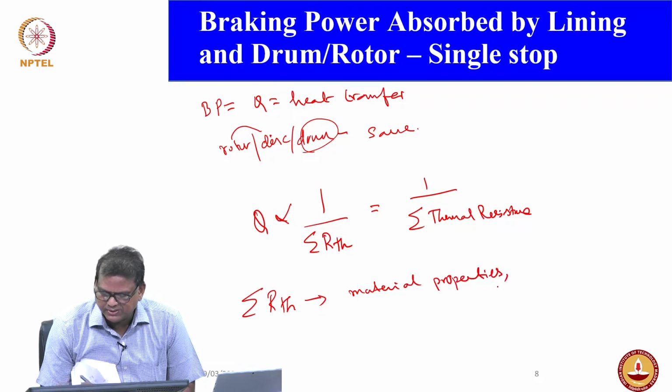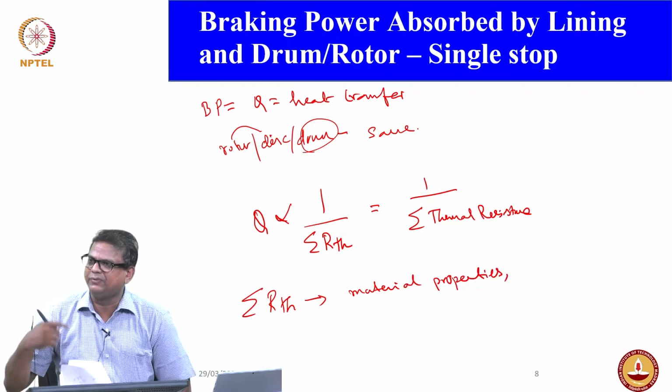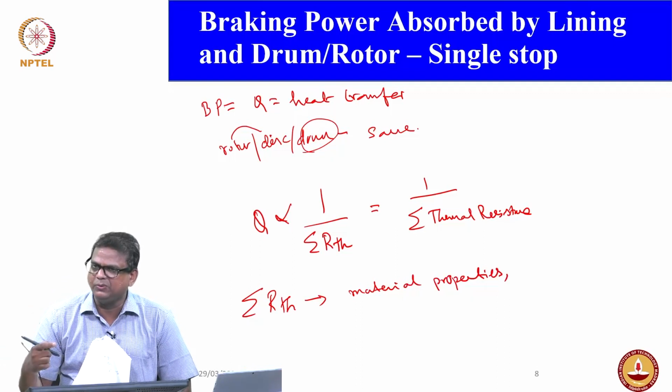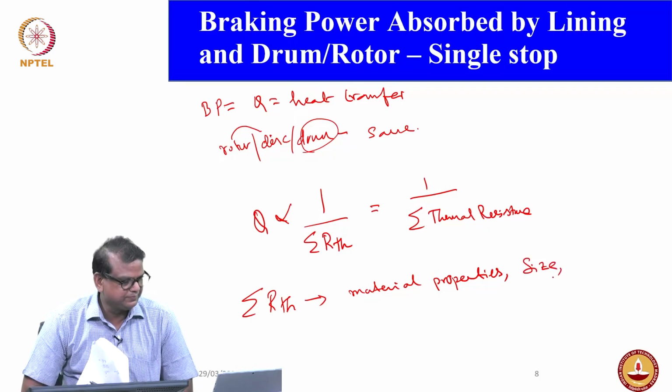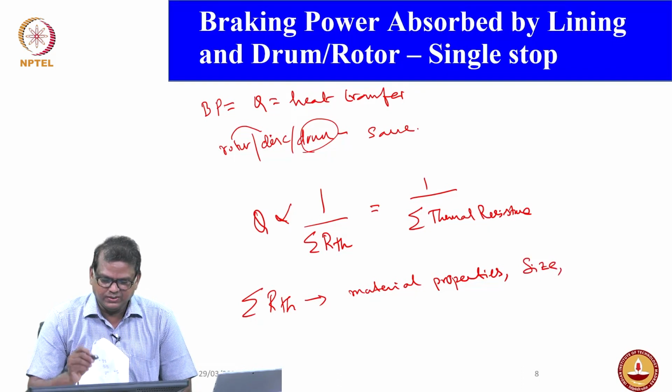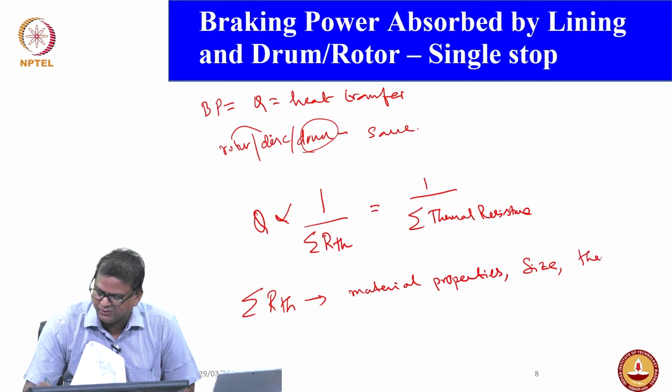Okay, what else can we say? The size. What is the size of the drum? What is the size of your disc? Any other properties? The thermal resistance depends on the material properties, size and thermal properties. When you talk about thermal properties, what are they?